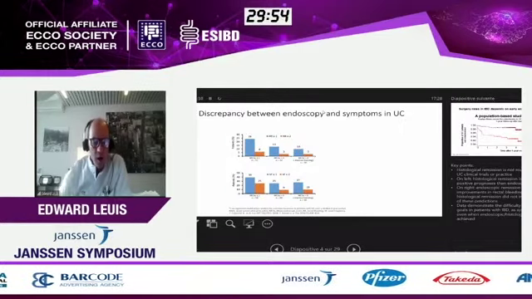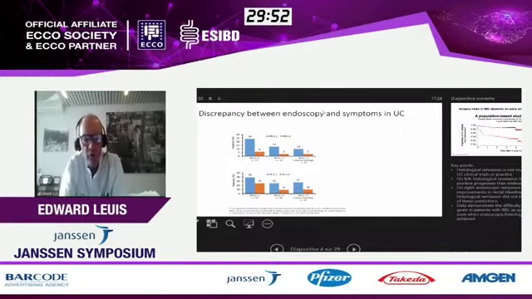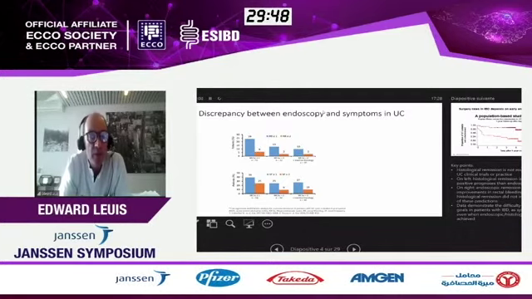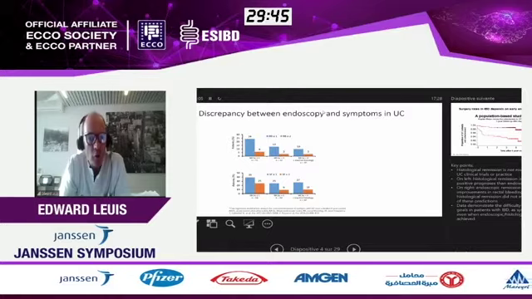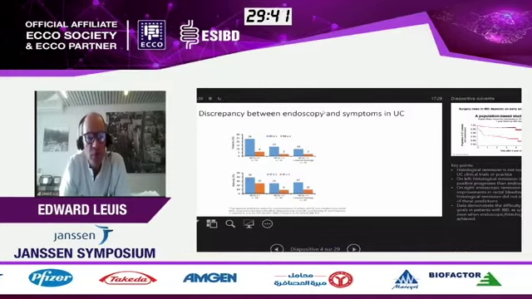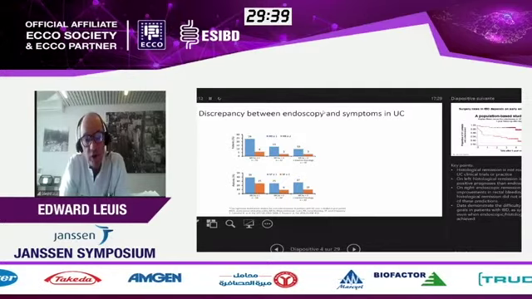But first, why is it important to have this dual target and not only look at patient symptoms? Simply because, just like in Crohn's disease, in ulcerative colitis there is a discrepancy between endoscopic and even histologic healing and the symptoms.